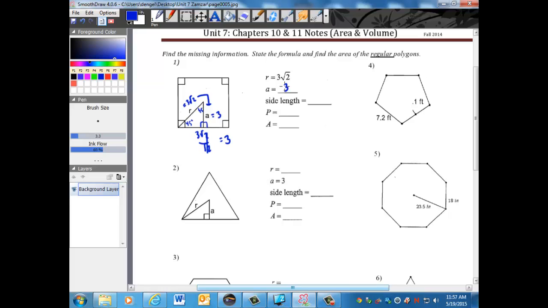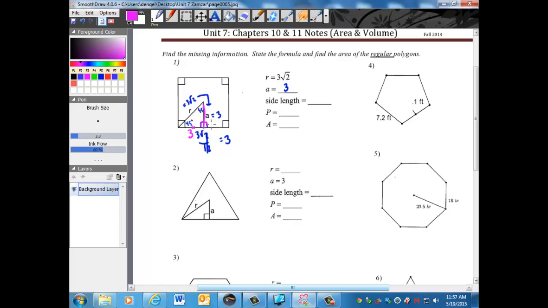All right, the other thing that we didn't show you on your notes on that previous page is that this length, which is our apothem, since it's a 90-degree angle here and here, it's going to cut this side in half. So since this is a 45, 45, 90 triangle, I know that this side is also going to be 3. But what I now know is that these two sides are the same.